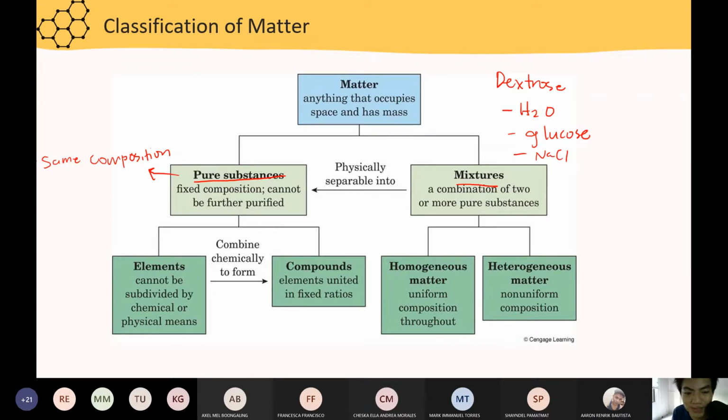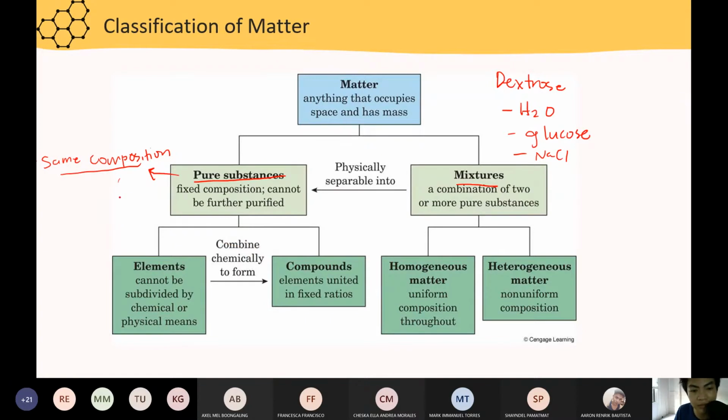So, let's go back to pure substances because when we talk about same composition, we might be referring to two different pure substances. Dalawa kasing uri ng bagay that have the same composition. We may be talking about elements or compounds. Same composition.